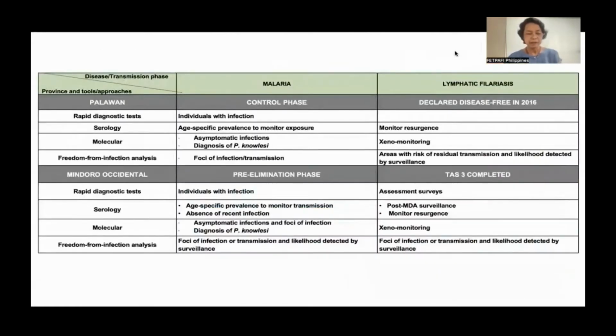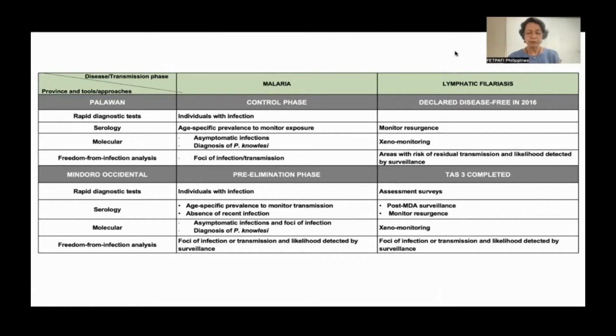Last year, the Philippines was fortunate to obtain a grant to investigate how malaria and LF surveillance can be integrated to improve decision-making to accelerate the elimination of these diseases. We propose to develop an integrated and enhanced surveillance of malaria and LF to generate the following information. 1.